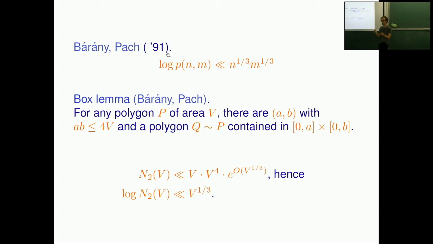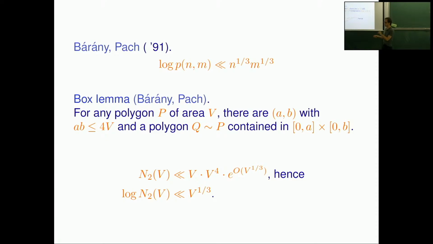And we know that for one of the values, say A is between 1 and 4V, and B is 4V divided by A, there should be an equivalent polygon in one of those boxes. V to the 4th is the number of choices of 4 points. So these are candidates for the extreme points of a polygon.